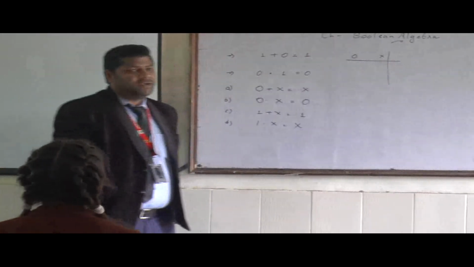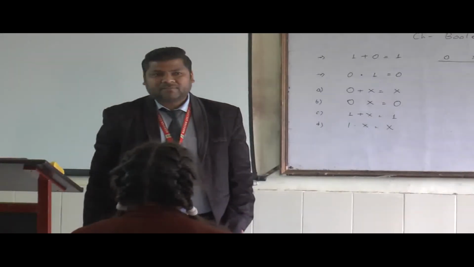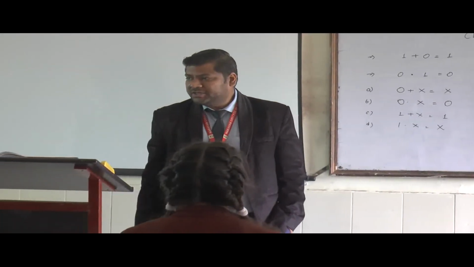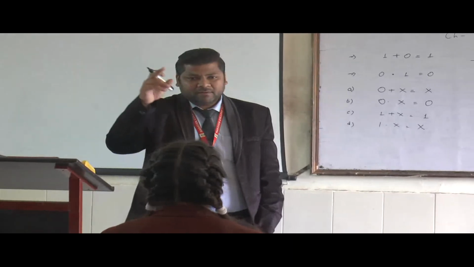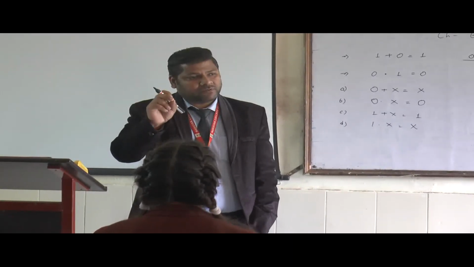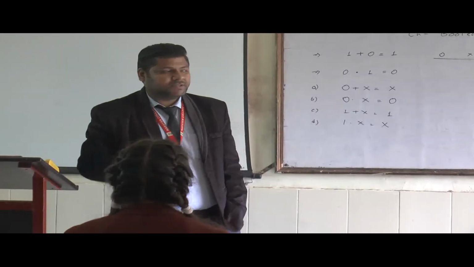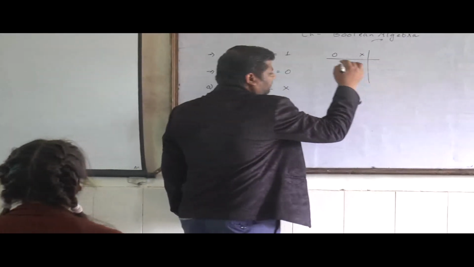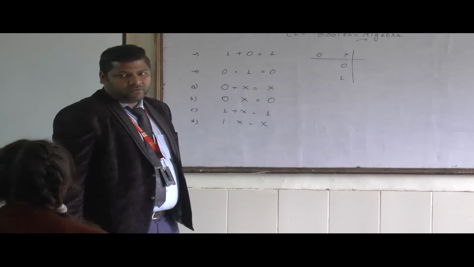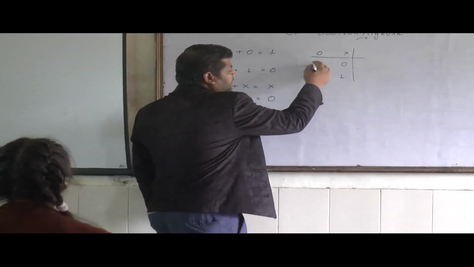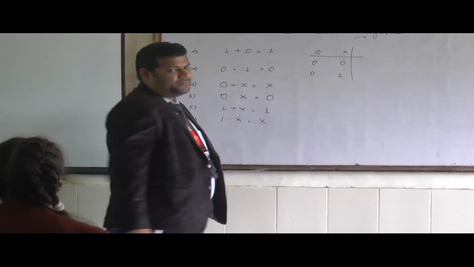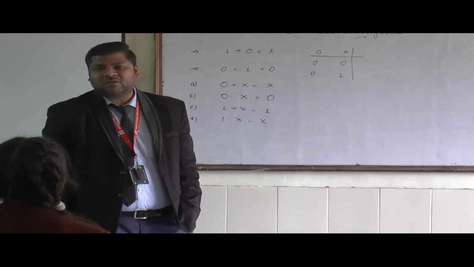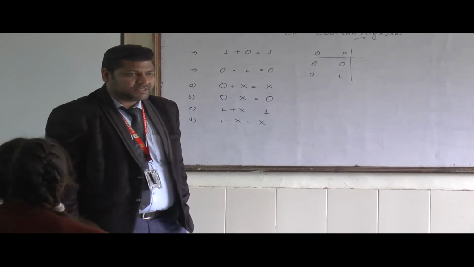And one variable means how many conditions? 2 conditions, because 2 to the power 1. So according to x, 0 and 1 could be the possible combinations. And 0 will always remain 0. It cannot be changed. It is a constant, not a variable.